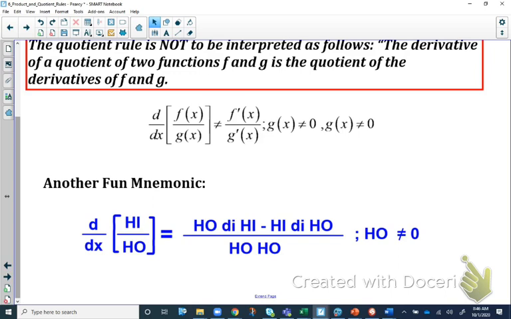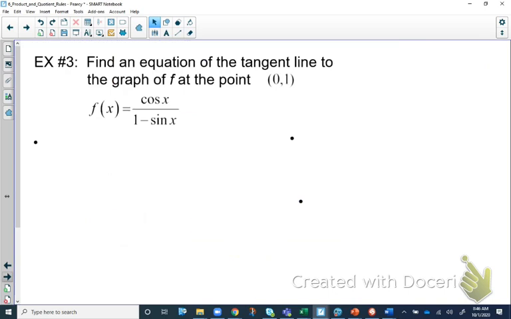So you could use this one as ho D high minus high D ho, over ho ho. But I prefer low D high minus high D low over low low. Maybe that's just because of experience, but to me it just sounds better. But as long as you do it in the proper order, then you should be fine.